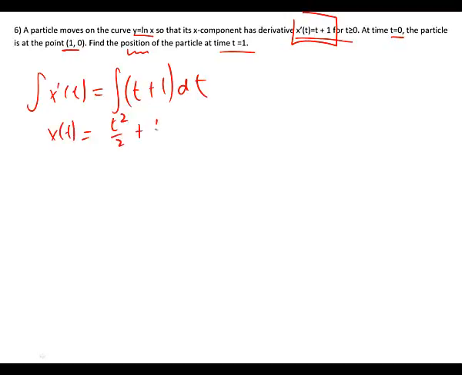t squared over 2 plus t, good. All right, plus what? C. So what I need to do here is solve for c. Remember, this is acting like a y value. This is a t. So what do I get to plug in for t? 0. So what's going to happen to both of those? Cancel. Here's a point though.